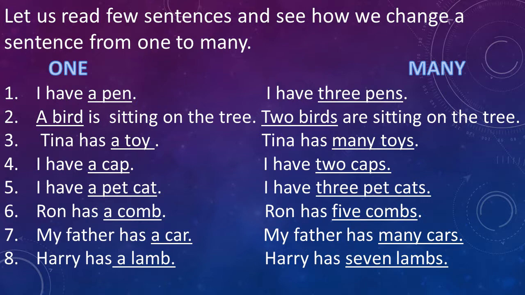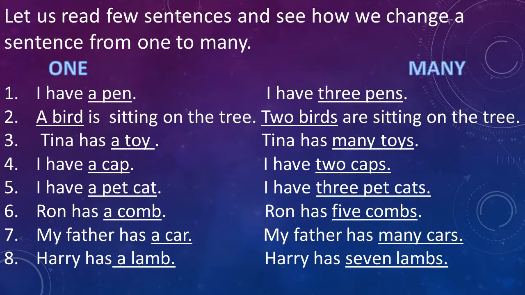Let's read the third sentence. Tina has a toy. A toy means Tina has only one toy. When I change toy into many, I will add S and it will be read as Tina has many toys. You can also say Tina has two toys, three toys, ten toys or many toys.